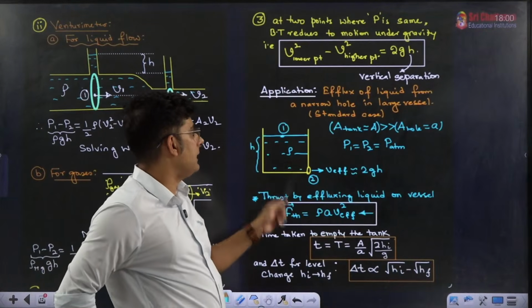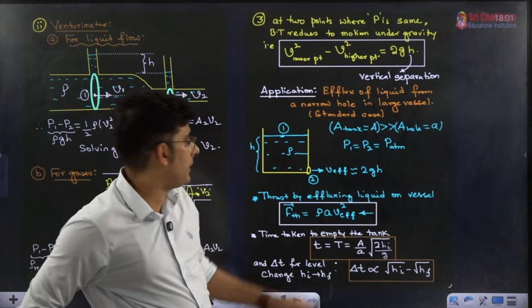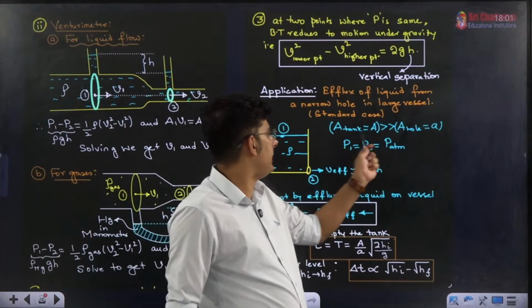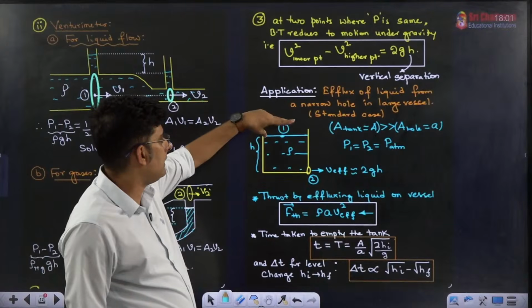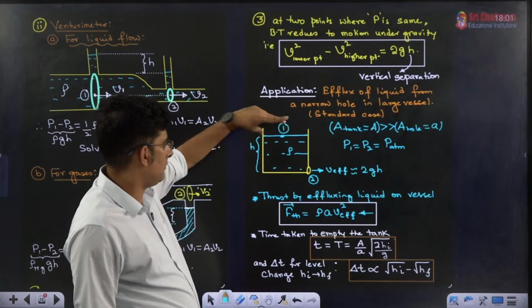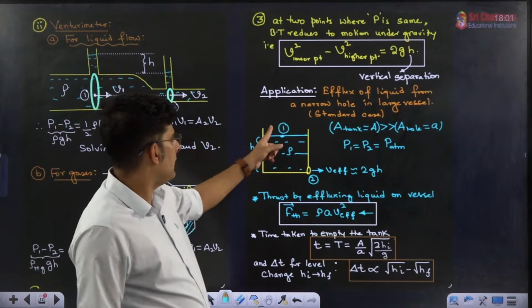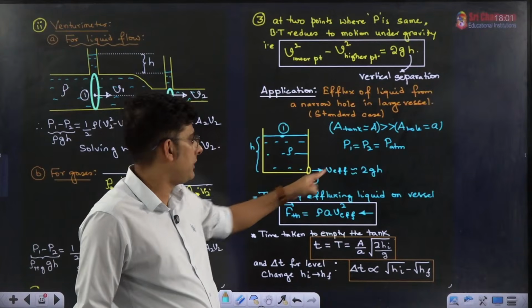Application. Where we use it in application, the best application is efflux of liquid from a narrow hole, where the hole in a tank is narrow, and in the standard case we are taking the hole made at the base. We puncture a hole at the base whose area I have taken as small a, which is very, very small compared to the area of the tank. So while writing Bernoulli's theorem, we can ignore the speed at position 1 because its area is very large. Pressure at 1 is P atm, and at the hole, open to atmosphere, also P atm.